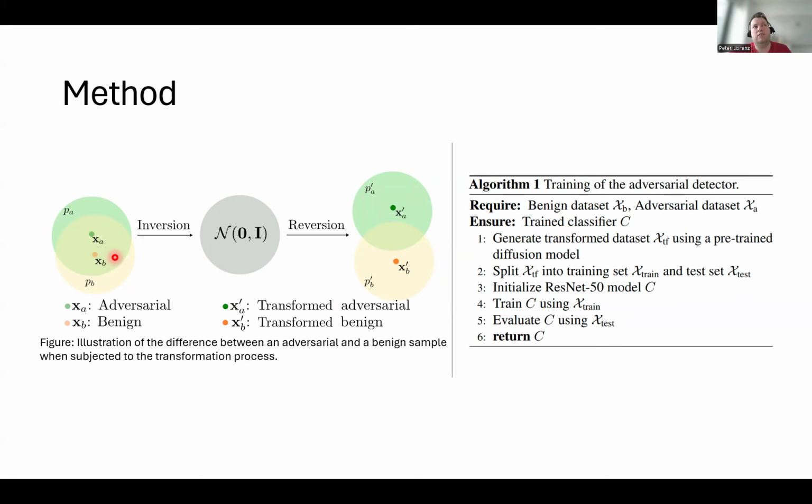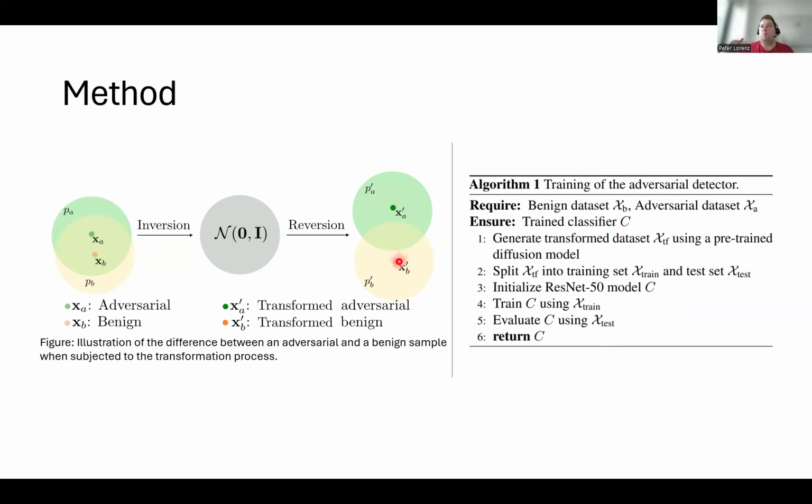Then this inversion, Gaussian, and reversion shows the transformation through the diffusion model, and afterwards as output we get the images again, and the image is now transformed, and there's a larger gap between the attacked counterparts and the benign ones.